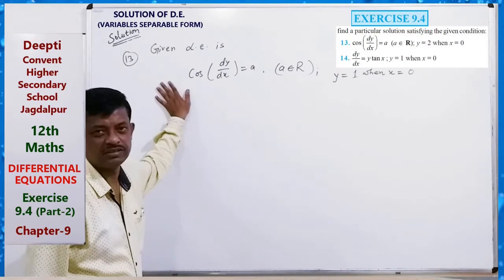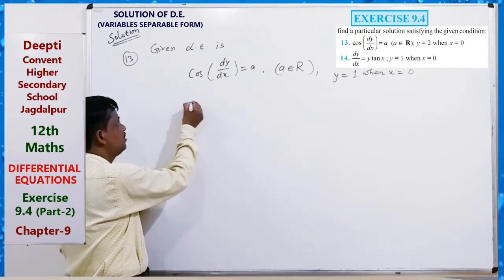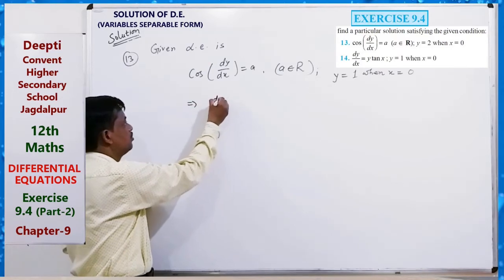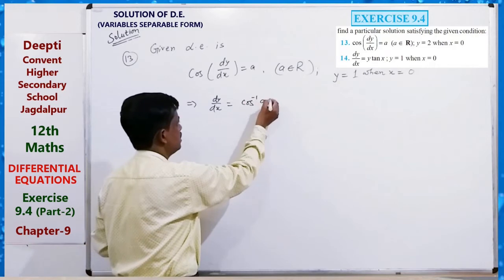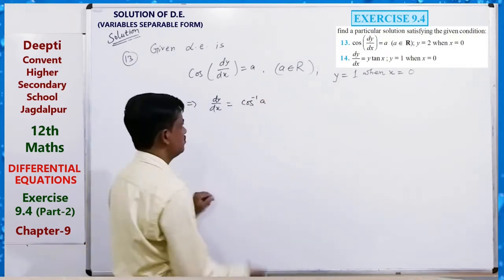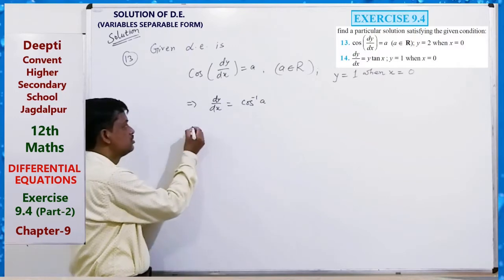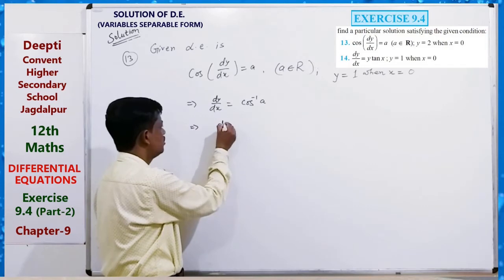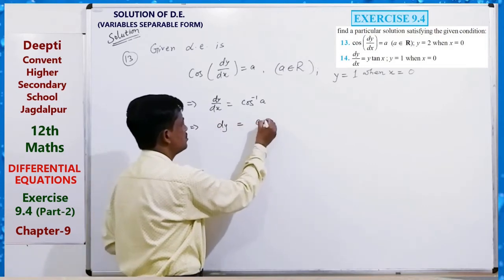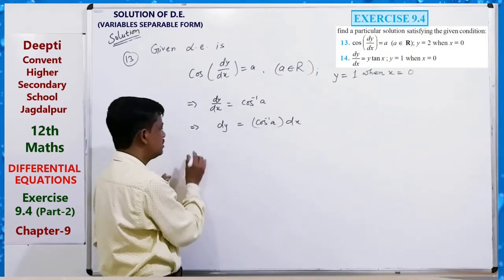Why? Because this is also a first order differential equation. So we can write dy/dx equals cos inverse a, where a is any real number. So as a constant we can suppose cos inverse a. Here it is in separable form, so dy equals cos inverse a dx.